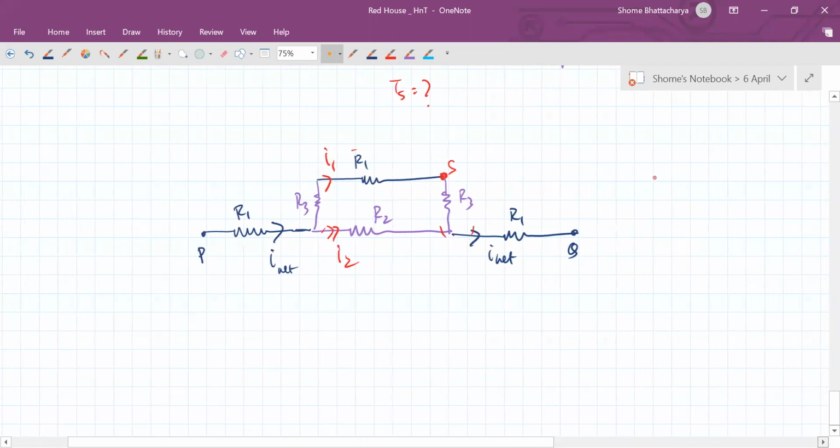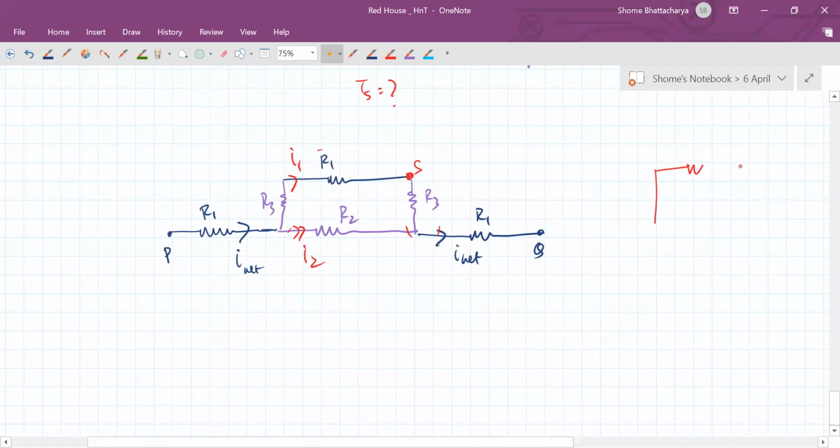So we had also seen that this was equivalent to R prime. So I net I know now.